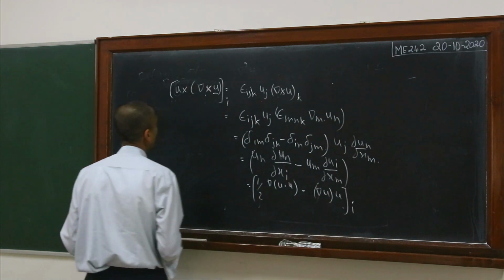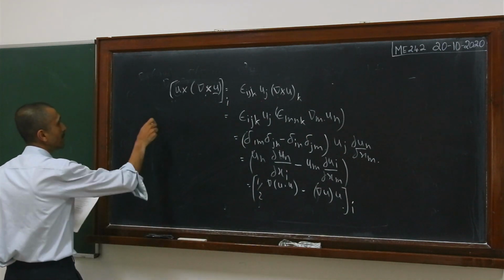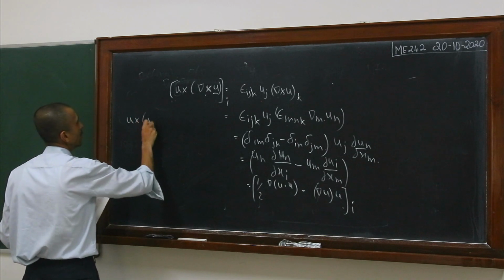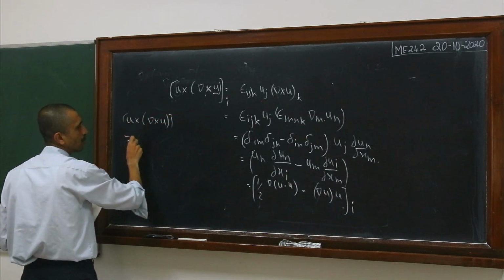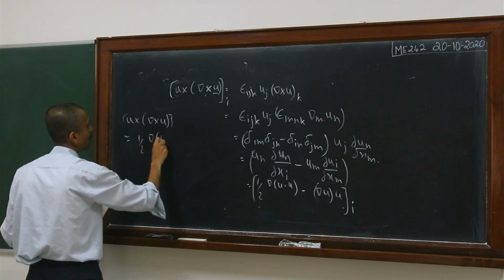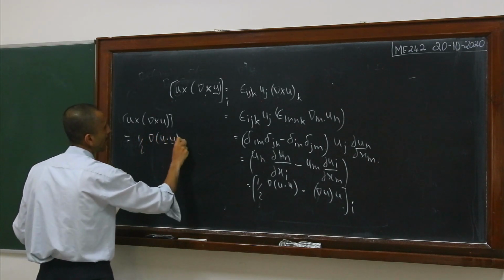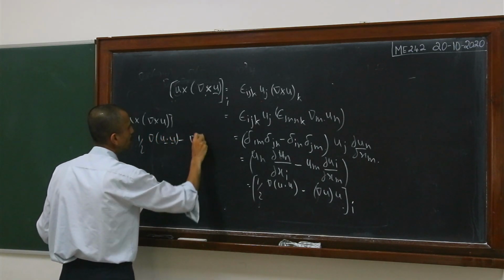So basically what you get is that u cross del cross u is equal to half of del of u dot u minus del u times u.